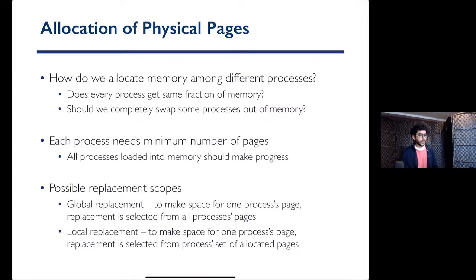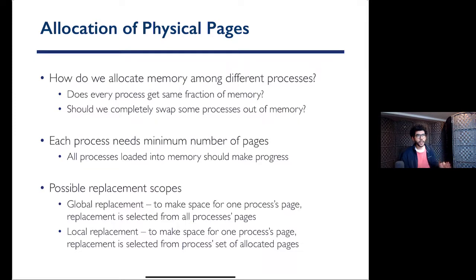Now, you could leave allocation to how much processes use memory. By that, I mean you could just not enforce any allocation to anyone. Don't say that process 1 gets, I don't know, 1 gigabyte, process 2 gets 500 megabytes, process 3.